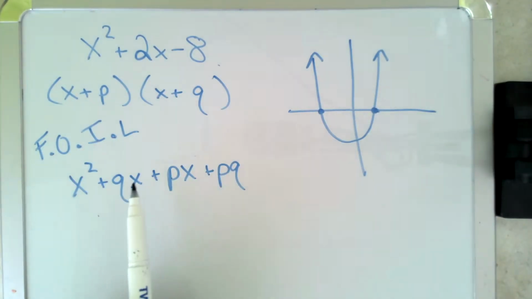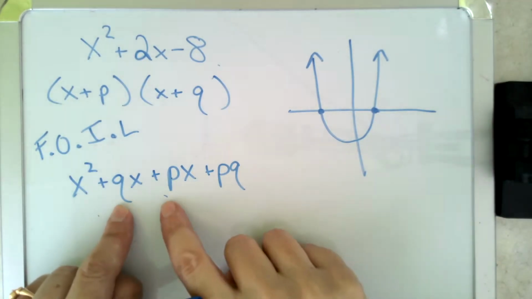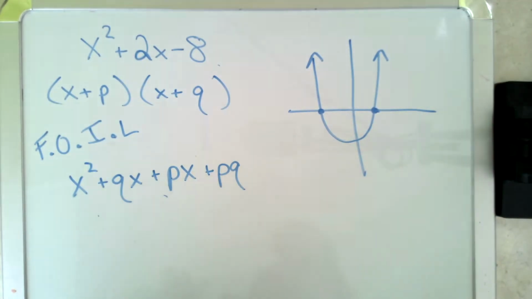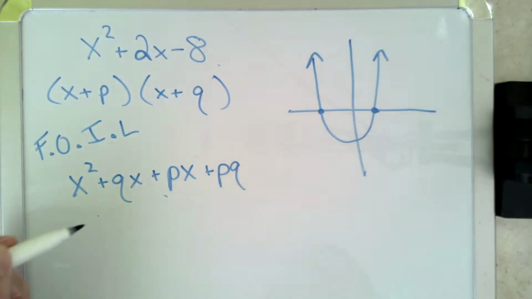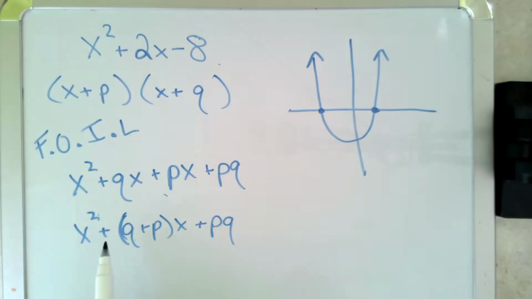And I see here I have two terms that are both x's, right? qx plus px. If that said like 2x plus 4x, that would be 6x. You added the 2 and the 4. So I do the same thing with the q and the p to get x squared plus q plus p x plus pq.